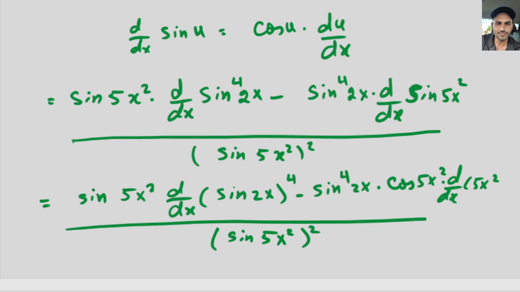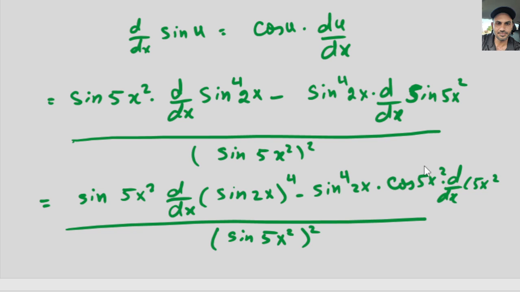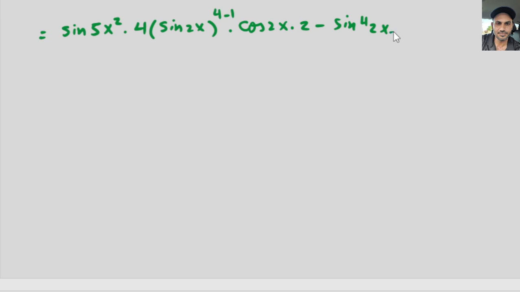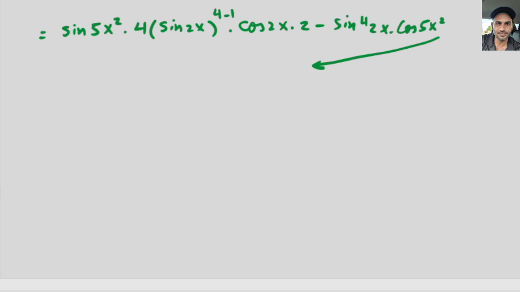And then minus sine of 2x to the fourth, times cosine of 5x squared, and then times the derivative of 5x squared, which is just 10x.